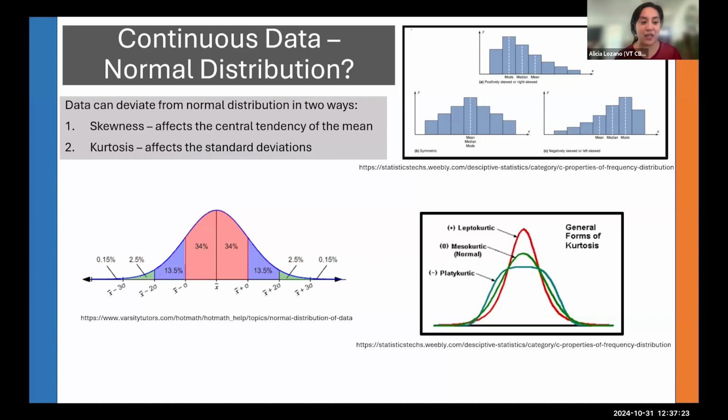where I struggle with an investigator when I say, hey, your continuous data is not normally distributed. We need to report a median and not a mean here. And I often get pushback of, well, this is how it's normally done in our area of research. People typically will report mean and standard deviation.